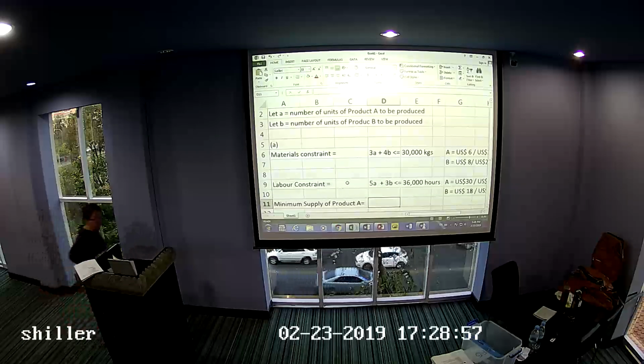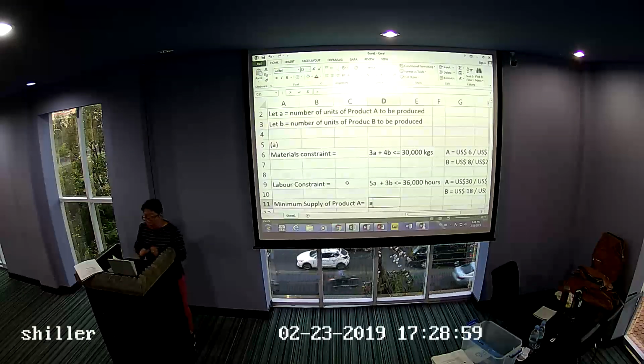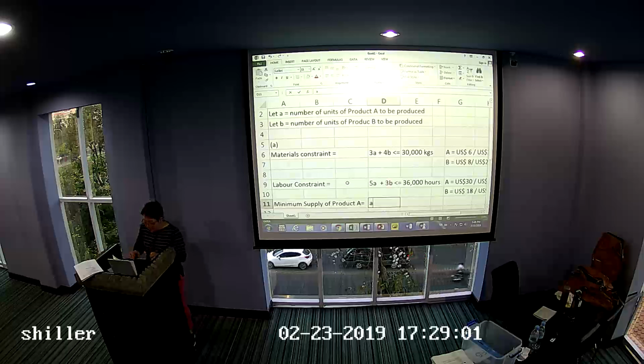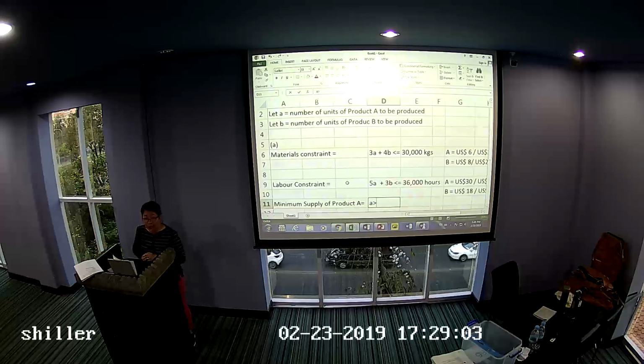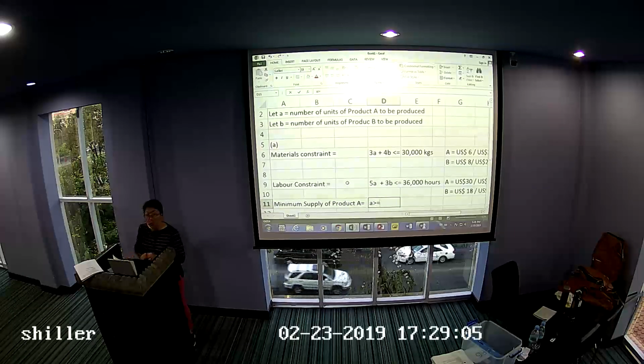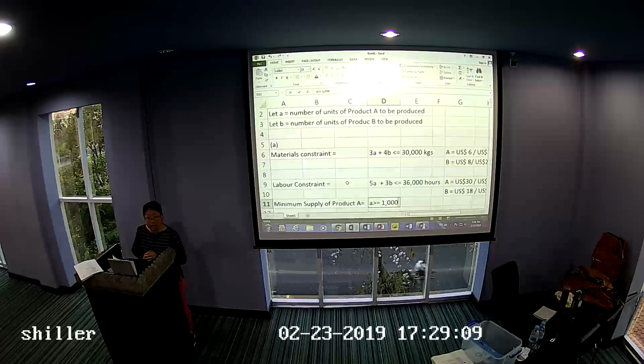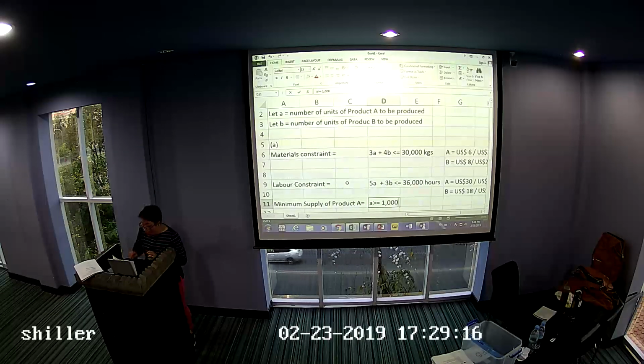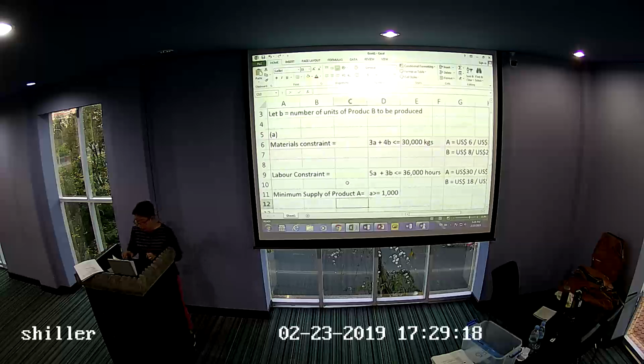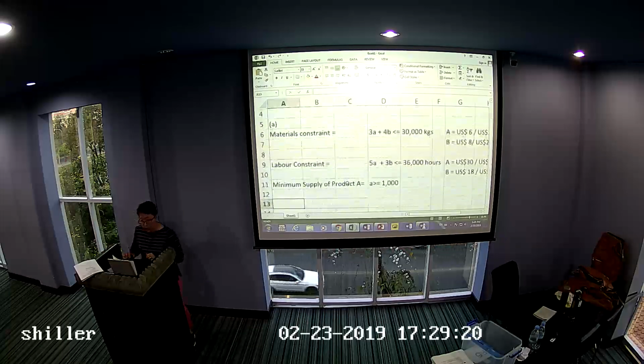So A, small a, is greater than, correct, or equal to how many? 1,000 units. Yes. Okay. Anything else? Is there any other constraint?